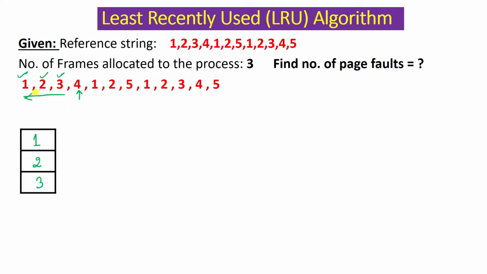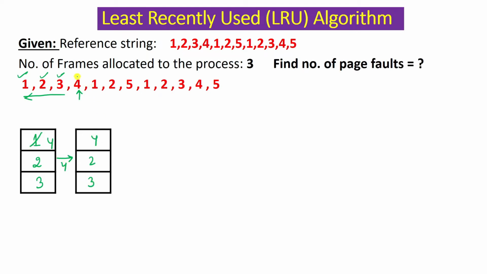You can say at 1 p.m. 1 was used, at 2 p.m. 2 was used, at 3 p.m. 3 was used. So 1 was used very much before 2 and 3. So 1 is the candidate for replacement according to LRU. I replace 1 by 4, and I place 4, 2, 3.